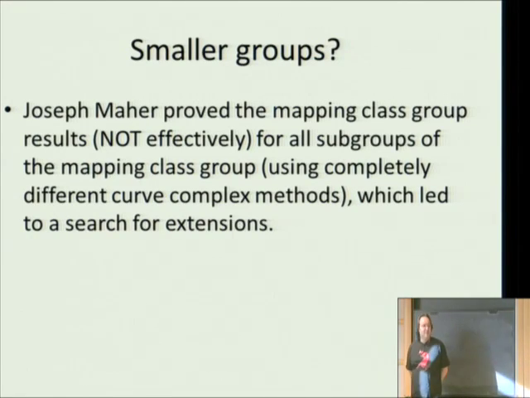And that day at the University of Chicago, there were two talks, mine and this guy Joseph Maher, who is now at CUNY, who proved the result for mapping class groups in complete generality. For me, it was the whole mapping class group at the time. He could do it for any non-elementary subgroup of the mapping class group. What does non-elementary mean? Basically, not generated by a single element or something.